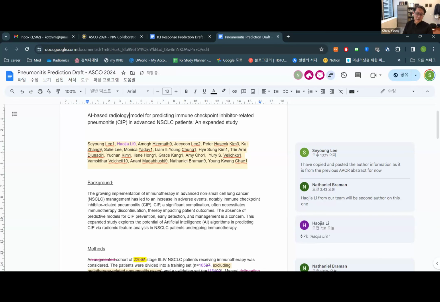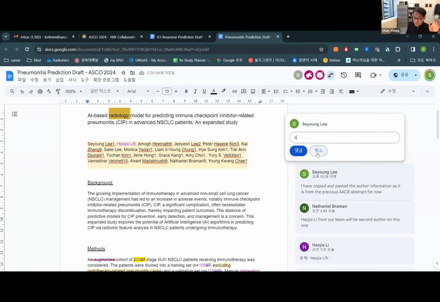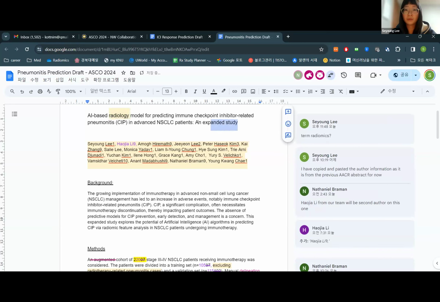I think people are searching for specific terms. If they look for a radiomics paper, they will search all the abstracts by that term. Got it. So would it be better to delete this, or should I just leave it here for now? It's okay to leave it, yeah.